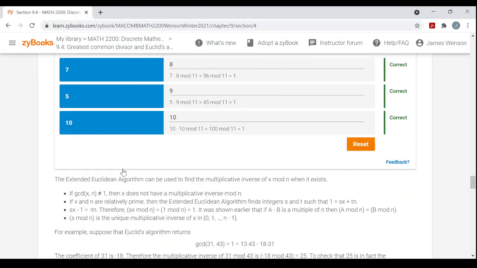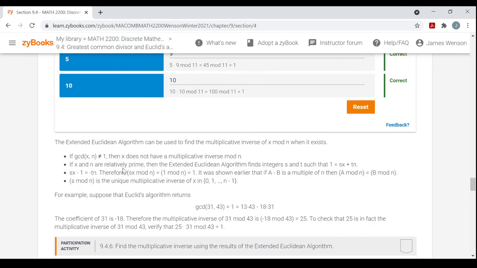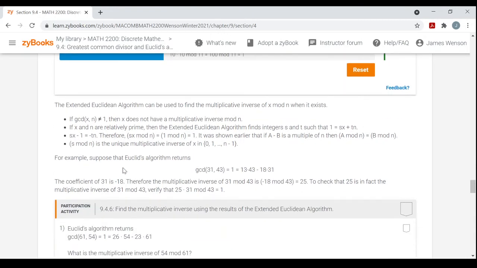Right? Pretty easy stuff. Now, we're going to use that extended version of Euclid's algorithm to find a multiplicative inverse, mod whatever, of some integer.